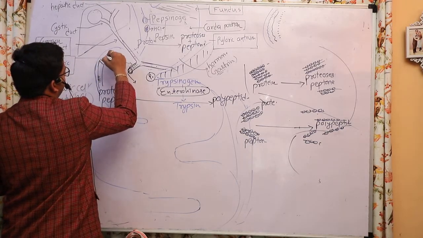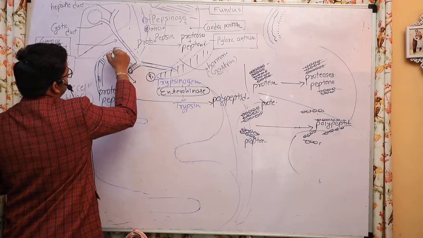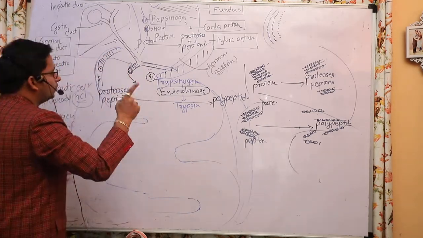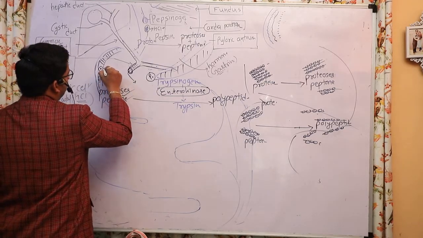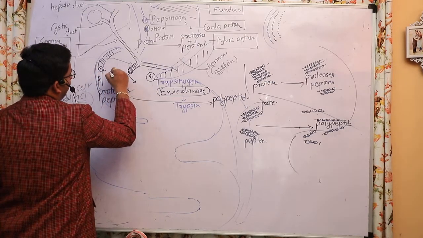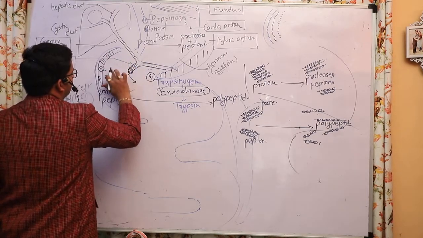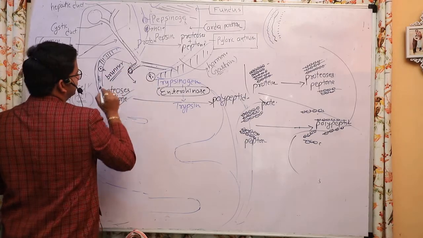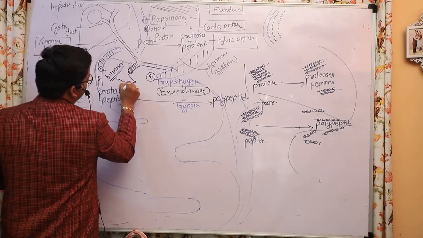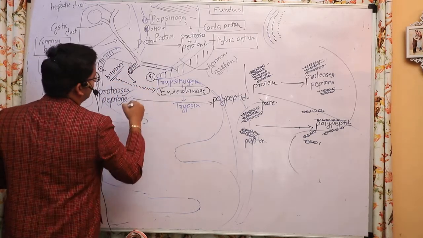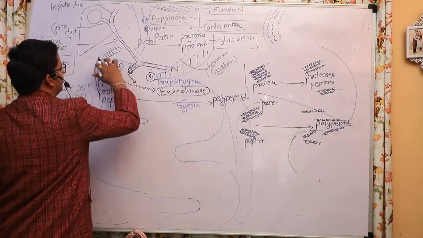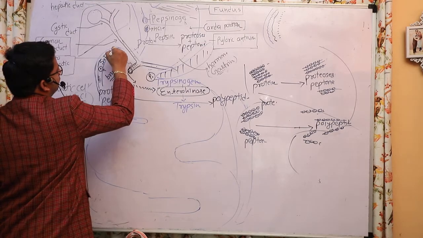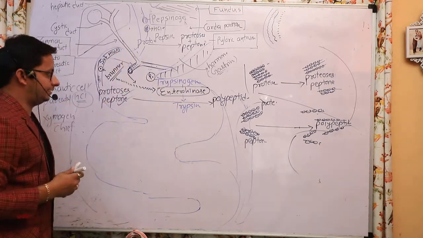The submucosa layer possesses some glands which are called Brunner glands. So the Brunner gland is responsible for secreting the enterokinase, which is present in the submucosa layer.